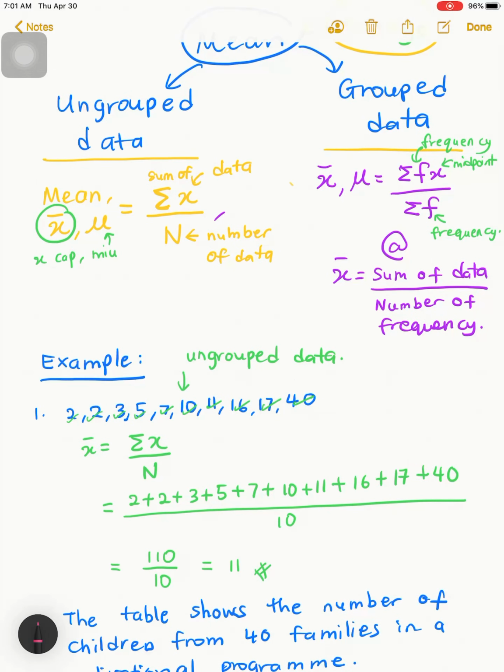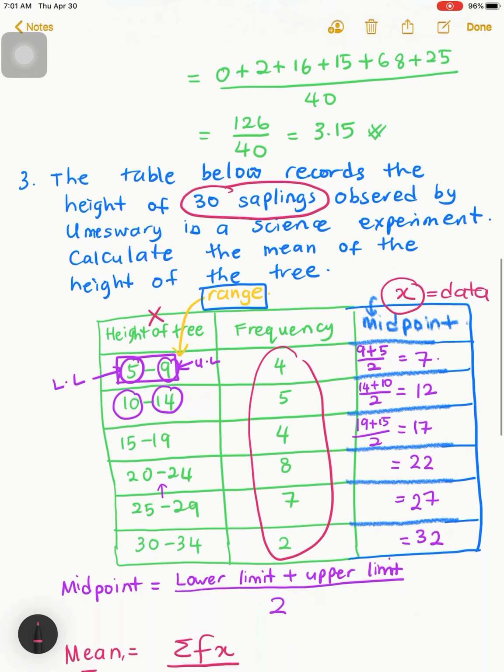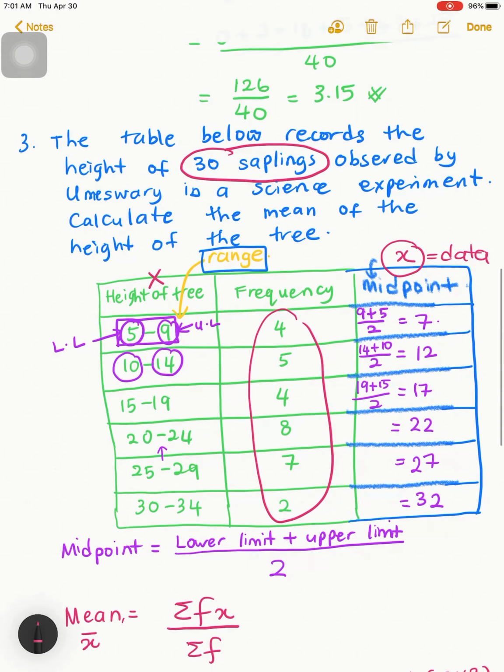I've shown you three examples of grouped data and ungrouped data. The first one is ungrouped data: how to find the mean if the question gives you ungrouped data. Then grouped data but without range, here it is for question number 2.